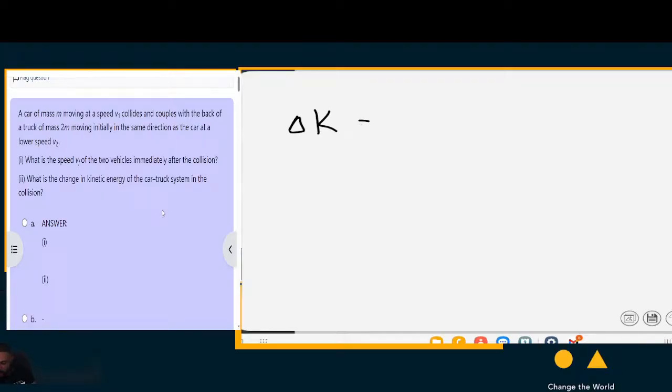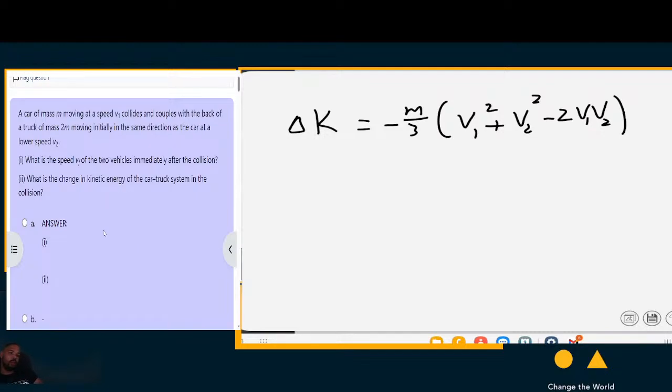The change in the kinetic energy is m over 3 equal to v1 squared plus v2 squared minus 2 v1 v2. That is what the final answer looks like.